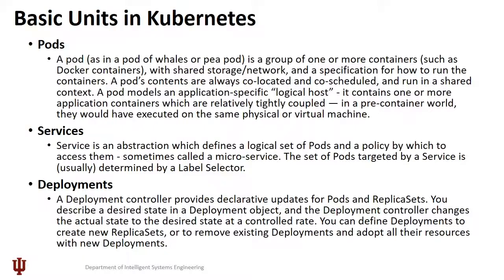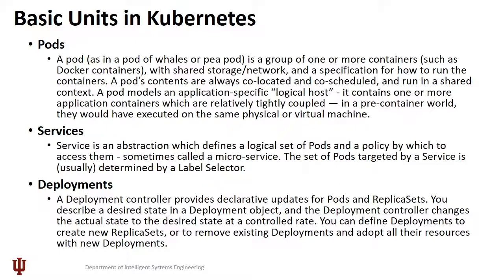So now that we have introduced you to Kubernetes, we would like to make sure that you remember the important terms, because this could be slightly confusing. First of all, we have the term pods. A pod is a group of one or more containers which are sharing infrastructure with its containers.